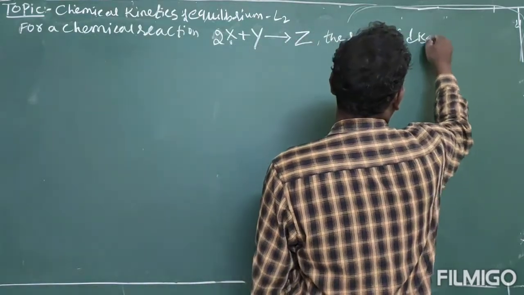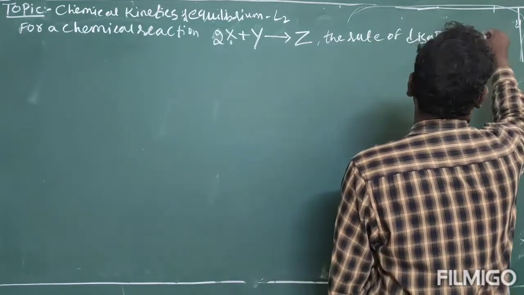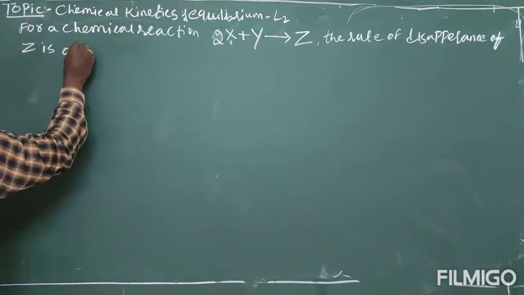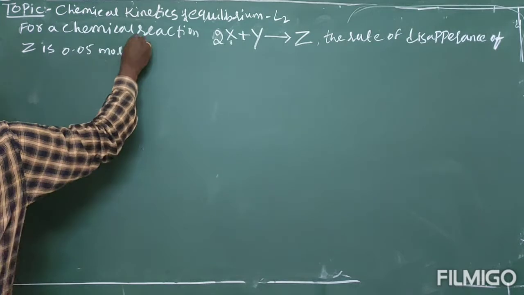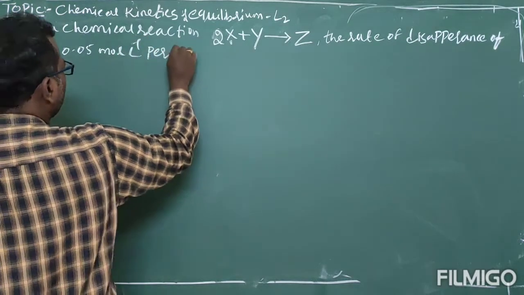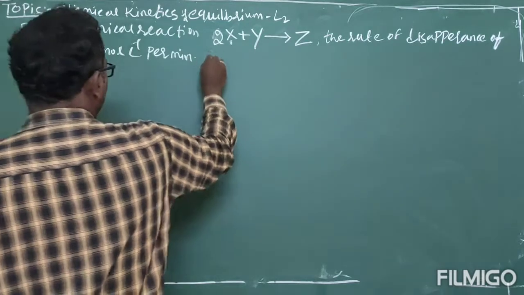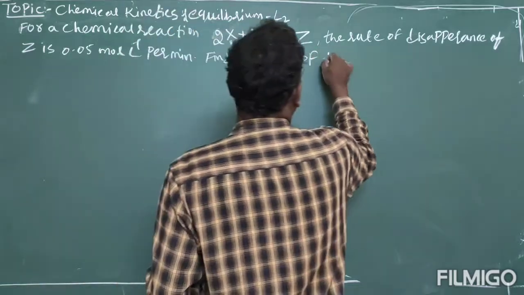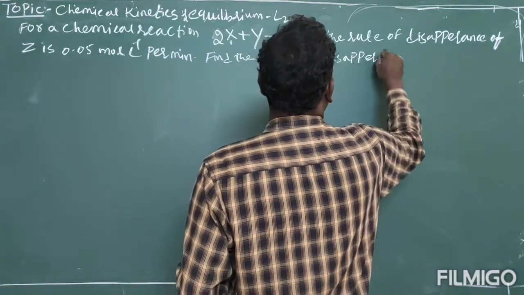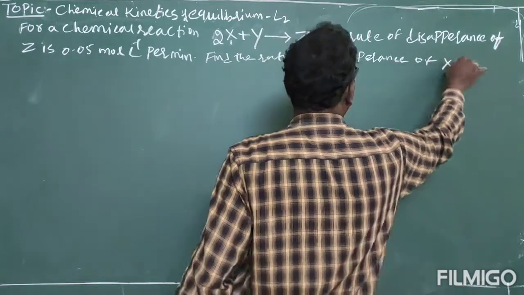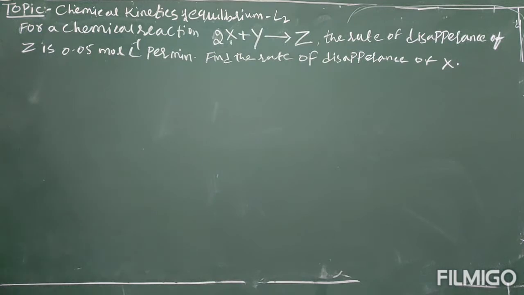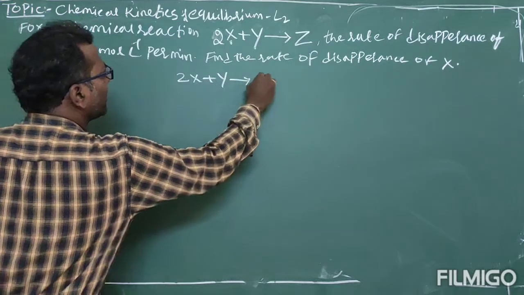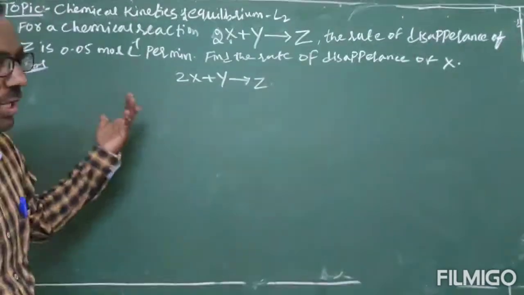The rate of disappearance of z is 0.05 mole liter inverse per minute. Find the rate of disappearance of x. So you are supposed to find the rate of disappearance of x. So first, what is given? 2x plus y gives rise to z. Okay, you can try on your own also.